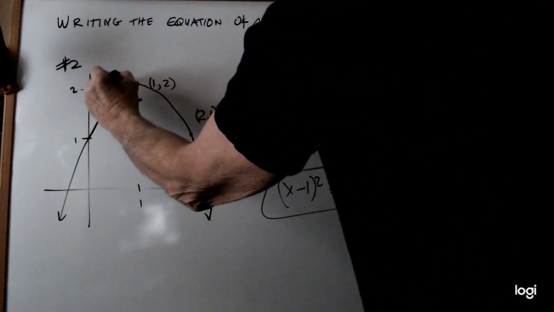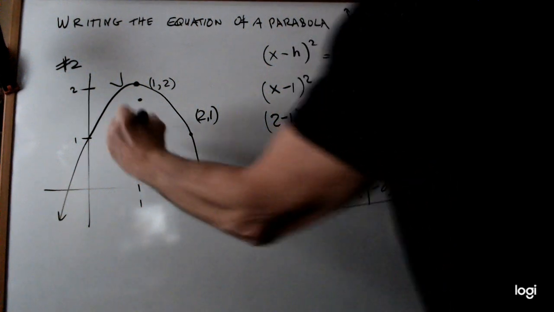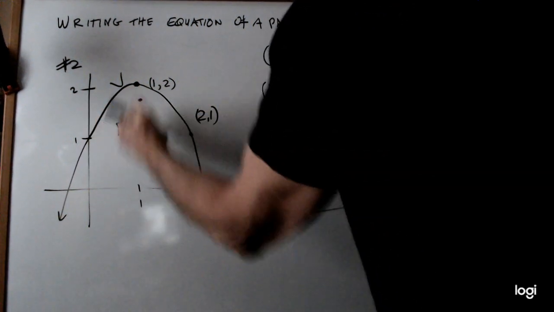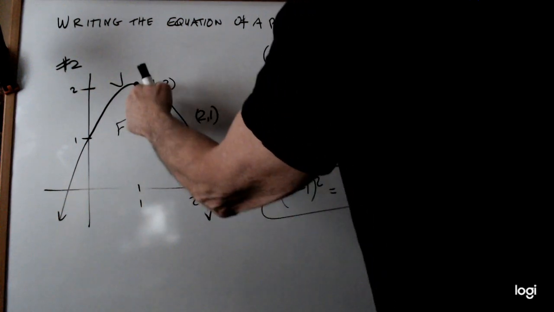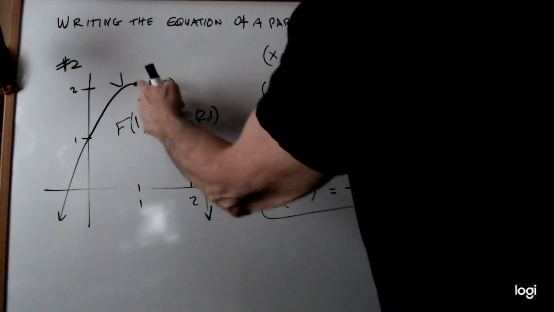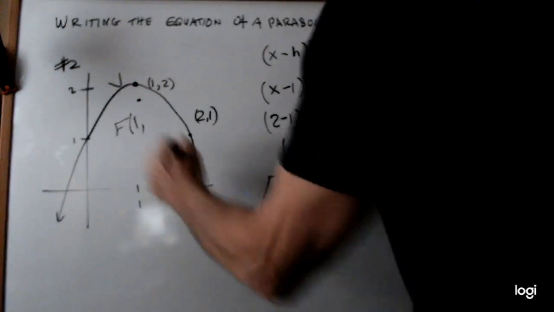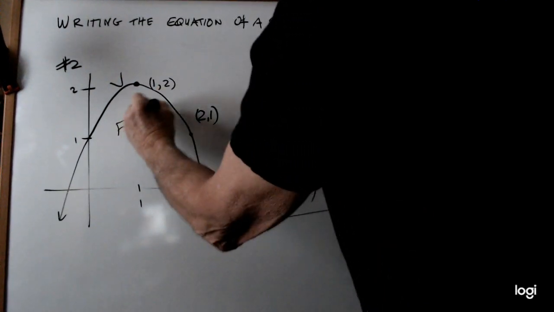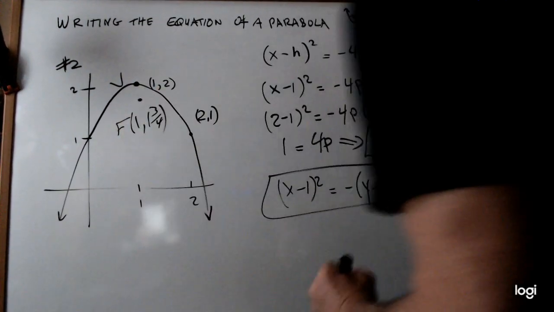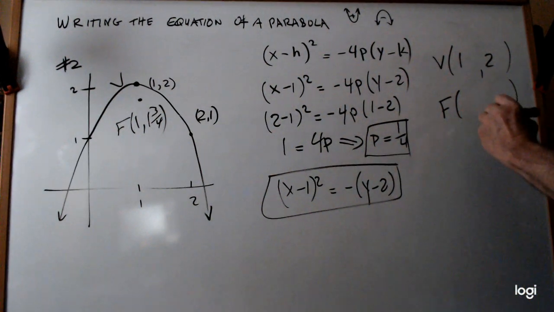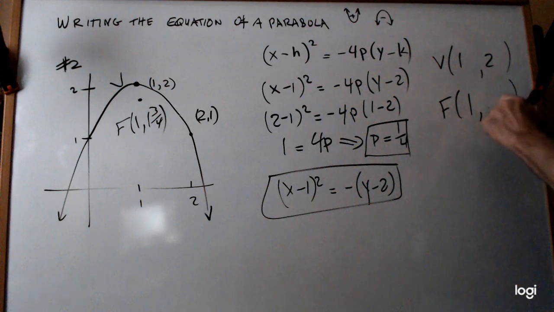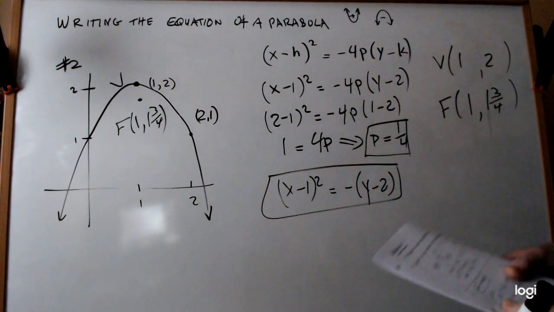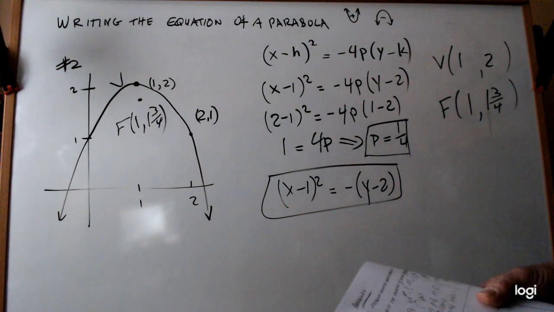Well, let me label this V for vertex. So the focus, therefore, still going to have an x value 1, but it's going to be down 1/4 because that value is p. The distance between the vertex and the focus is p. So 2 minus 1/4, 1 3/4. So the focus would be the point 1, 1 3/4. Okay, so that's another thing we need to find.